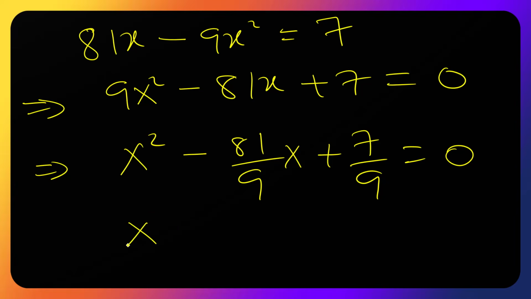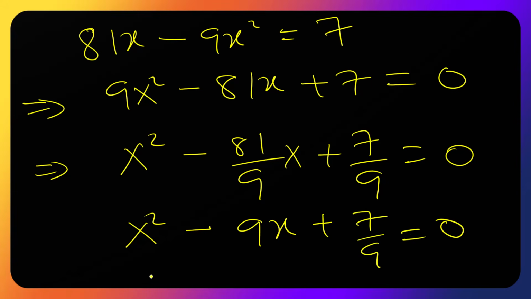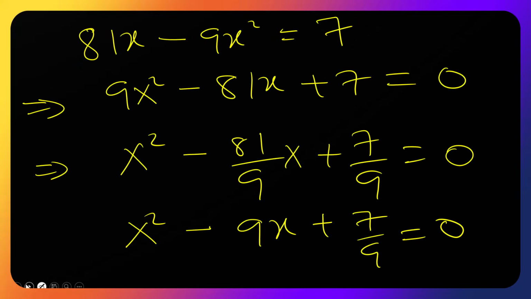So we have x squared minus 9x, since 81 over 9 is 9, plus 7 on 9 is equal to 0. So from here, x squared minus 9x equals minus 7 on 9.